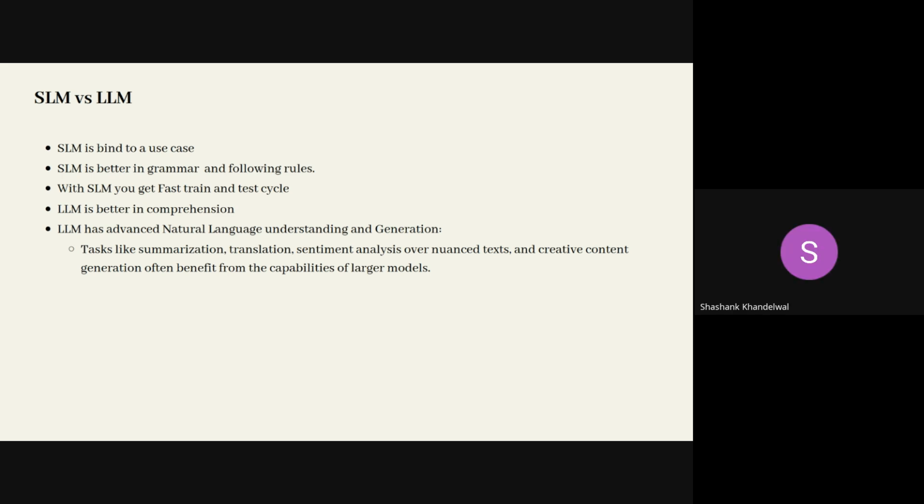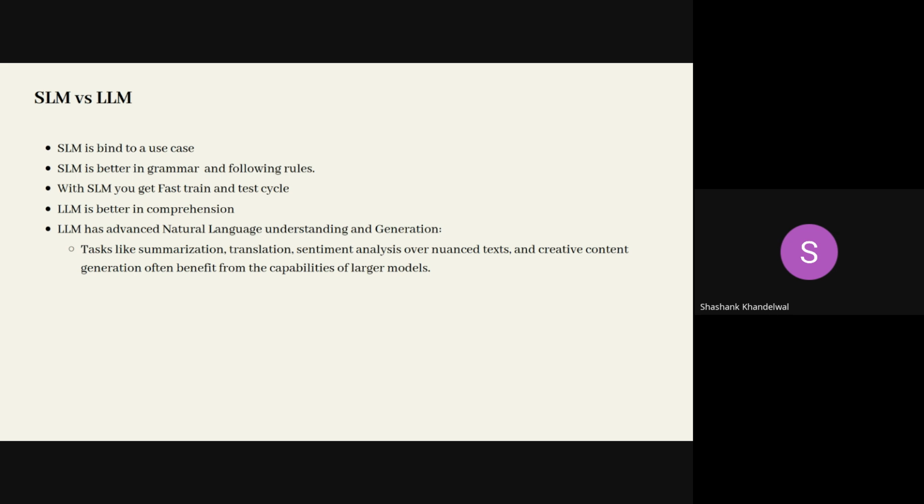As I said, SLM is bound to a use case. It can be bound to a specific language like Tamil, or to a specific use case like law, customer service, the medical field or the engineering field, and it can understand the vocabulary and context of that use case.